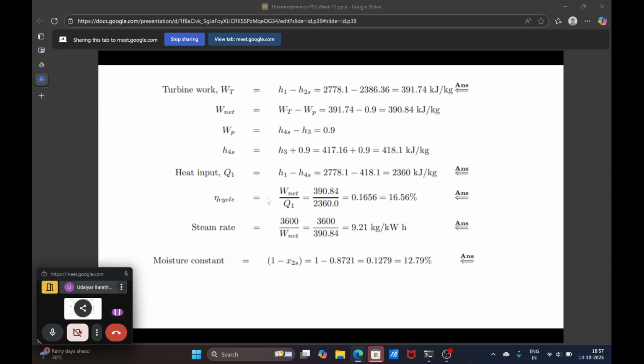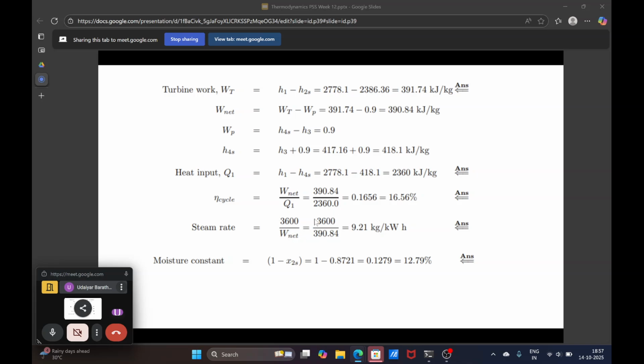The cycle efficiency can now be found: net work divided by heat input. So net work is 390.84 divided by 2360, which gives the efficiency of the cycle as 16.56%. The steam rate is 3600 divided by the net work.